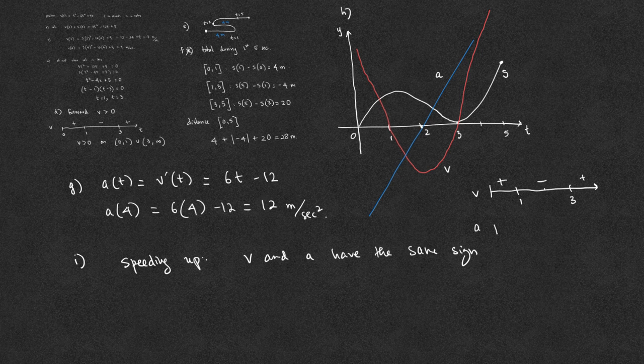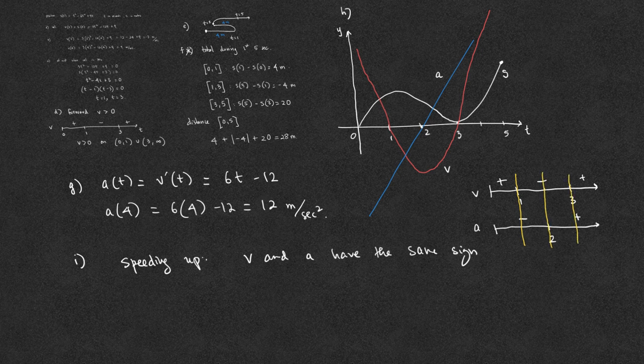For the acceleration, we would construct another sign chart and find the 0. The acceleration is 0 when 6t minus 12 is 0, or when t equals 2. We check the sign chart and we see that the acceleration is negative for t on the left-hand side of 2 and positive for t on the right-hand side. From here, we partition the two number lines using any zeros from each of the lines.